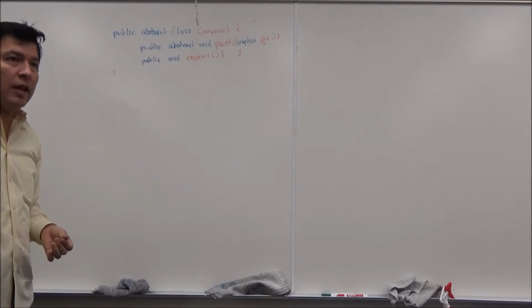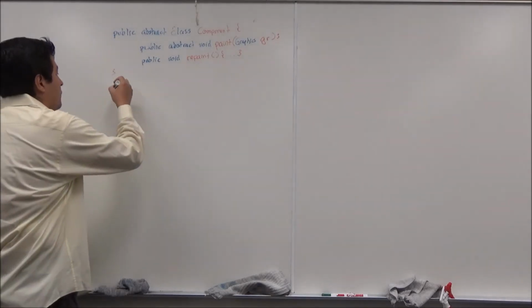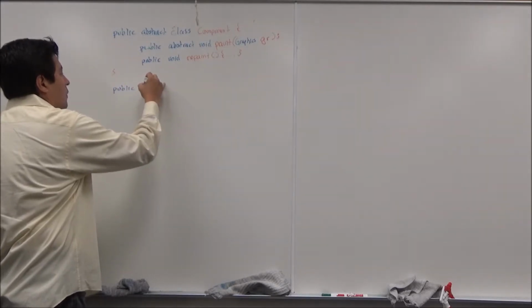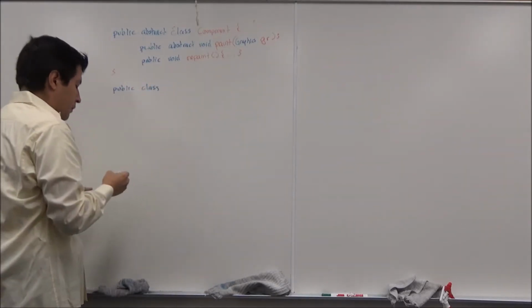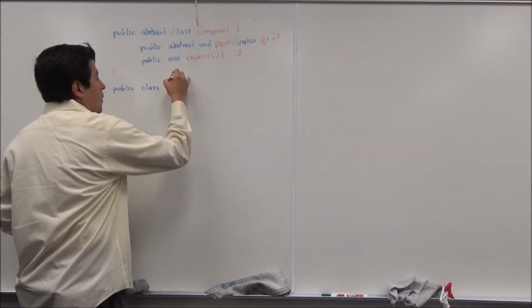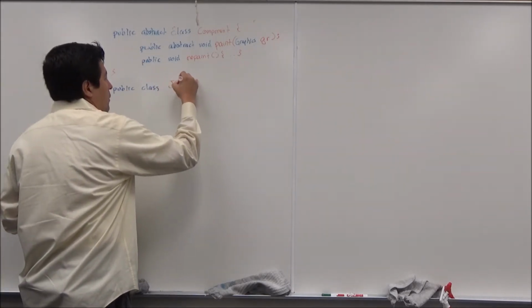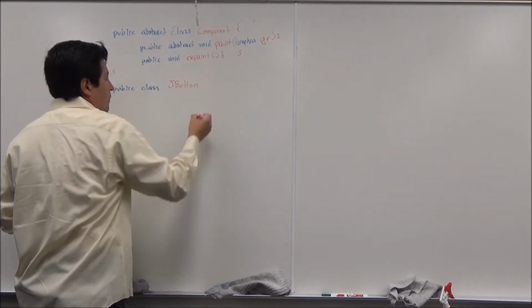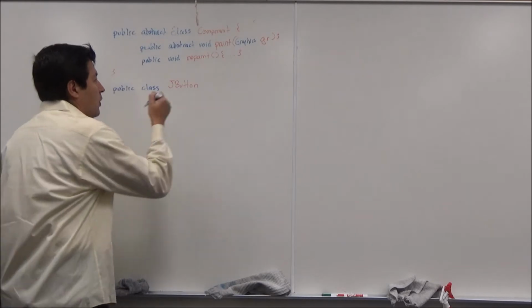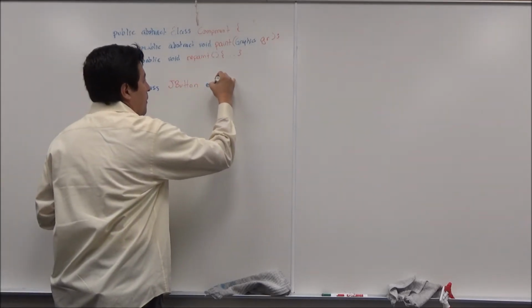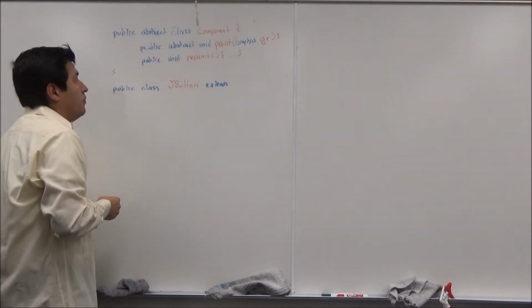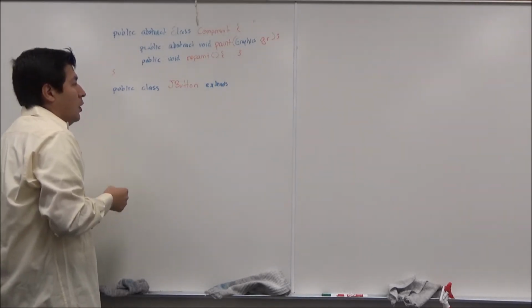And then I have this child class. I'm gonna call this JButton. There's buttons on the screen. And these ones extends the component.